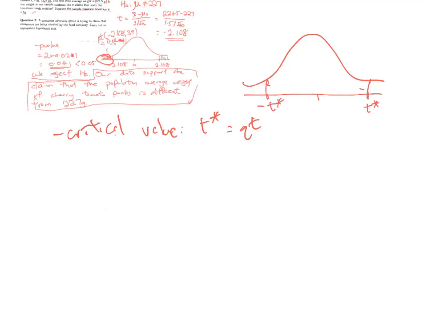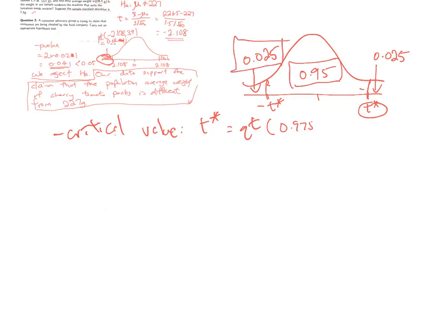Assuming we are doing it at alpha level of 0.05, each of these areas must be half of that, so the middle is 0.95. So qt of 0.975, because this corresponds to the 0.95 plus 0.025 percentile. Degrees of freedom is 39. If you work this out, this critical value is 2.023.